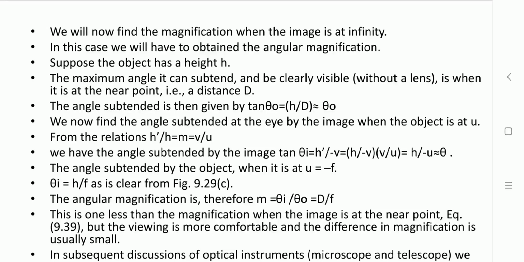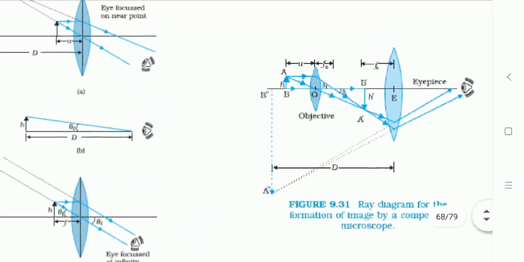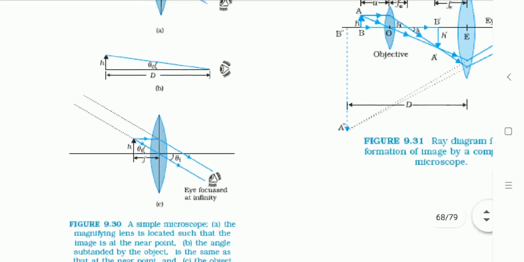Then tan theta I equals h dash by minus v, which you can see in the diagram, at the point C. Here tan theta I equals h dash divided by minus v, and h dash can be written as h times v by u divided by minus v, which can be rewritten as h by minus u. So theta I equals h by minus u.